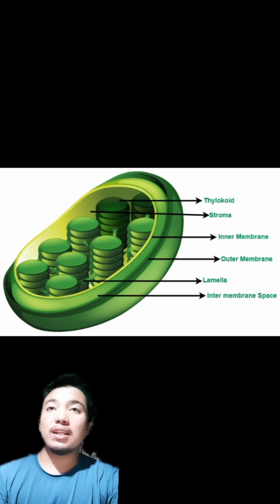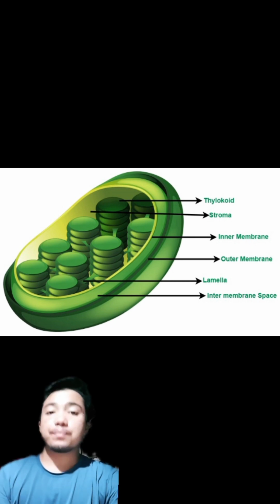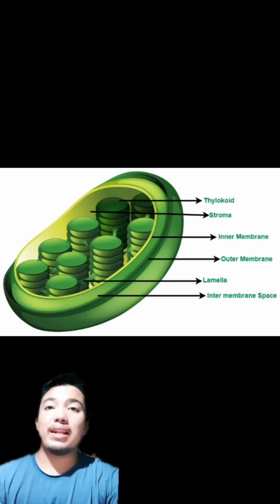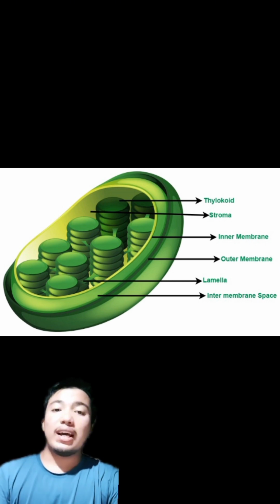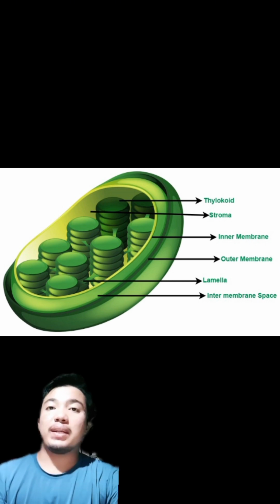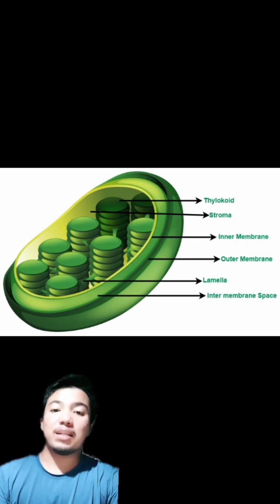It's the main guard of the organelle. The next one is the lamella. The lamella allows plants to convert light energy into chemical energy, and it's needed for photosynthesis to happen. And last is the intermembrane space, or the space between the outer membrane and the inner membrane.